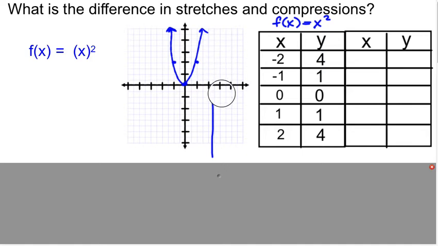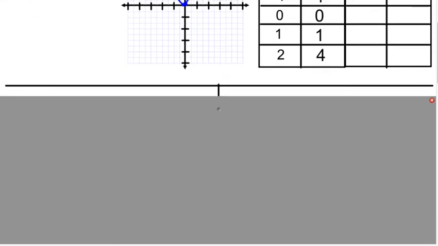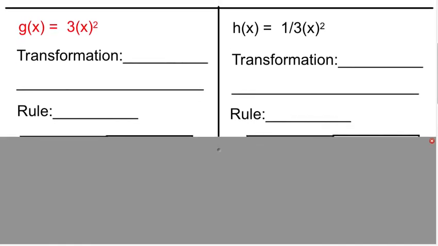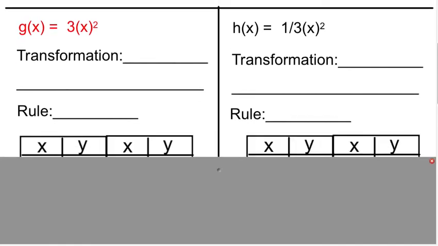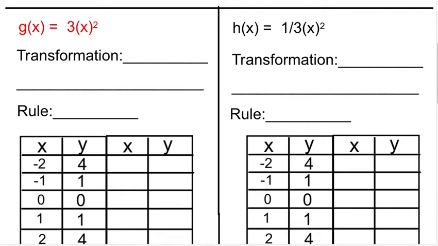Now what I want to do is talk about what it looks like if you have the multipliers. So I'm going to scroll down to these two. All right, g of x in the red. If you notice, there is a transformation happening.